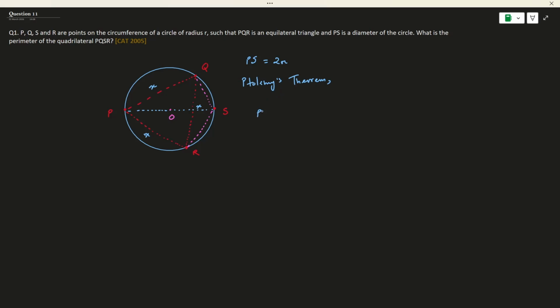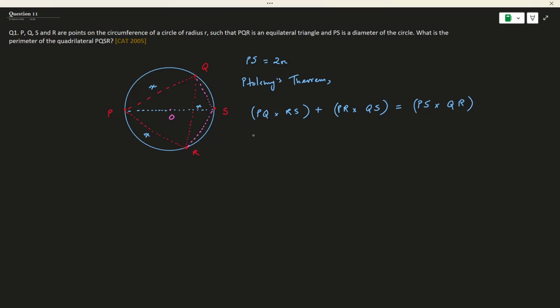So I can say PQ into RS plus PR into QS is equal to PS into QR. PQ and RS are opposite sides of the cyclic quadrilateral.